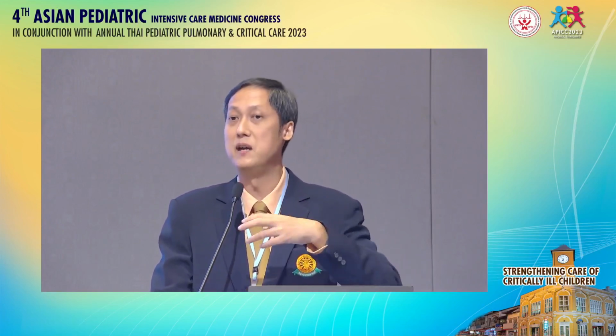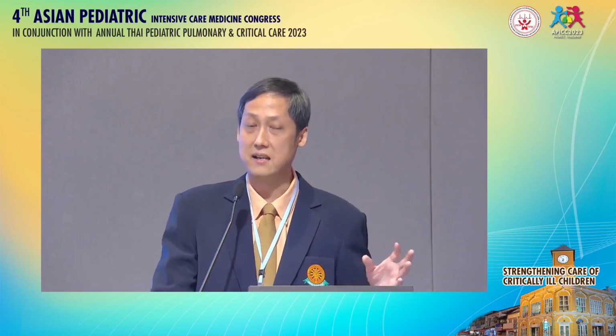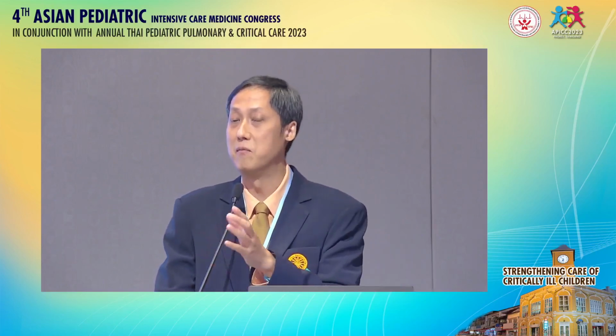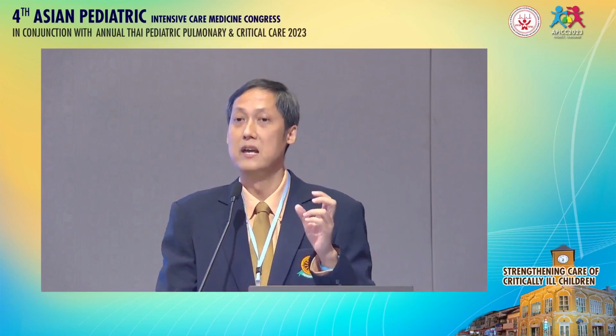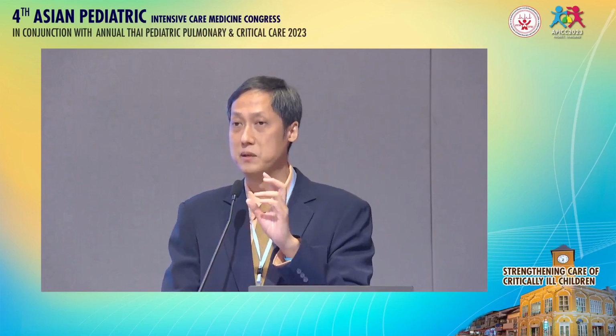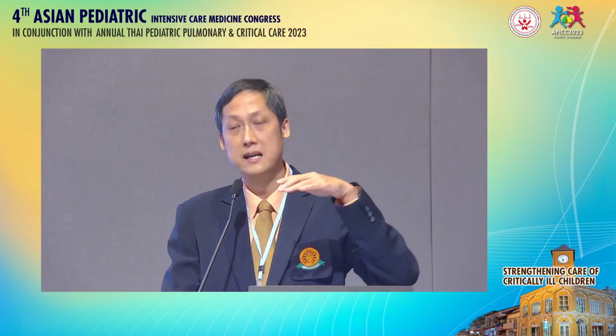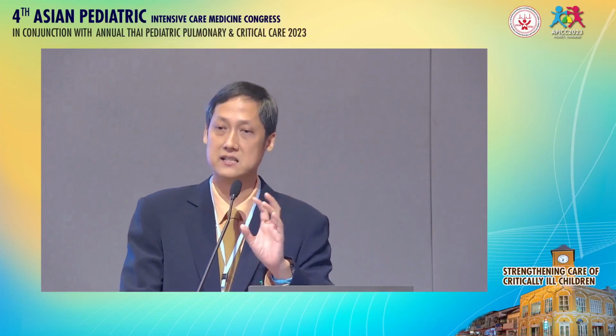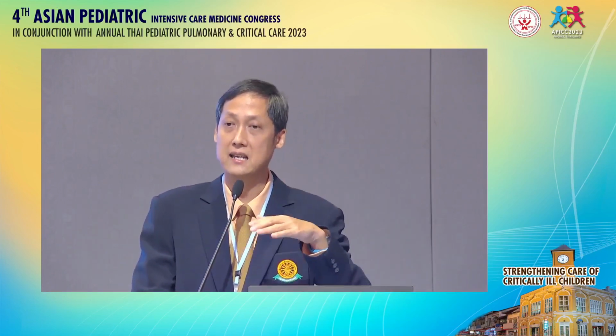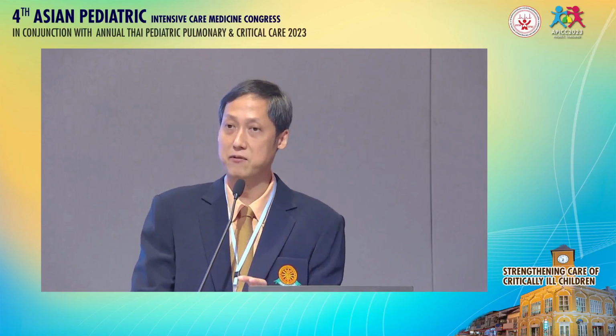So the PVR goes down. It means that blood flow can go to the lung more easily and return to the left side more easily. So if you use just the right PEEP, not too high, not too low, it correlates with the lowest pulmonary vascular resistance, and it seems not to have a negative effect on the cardiac output.